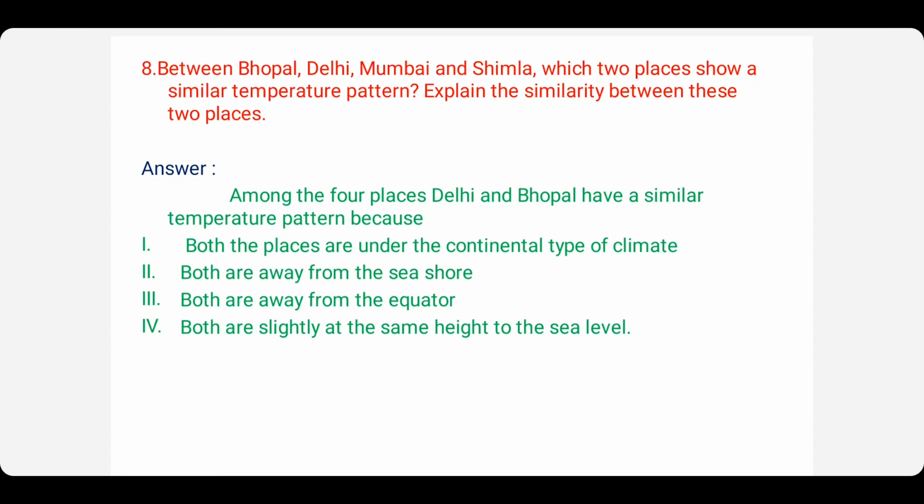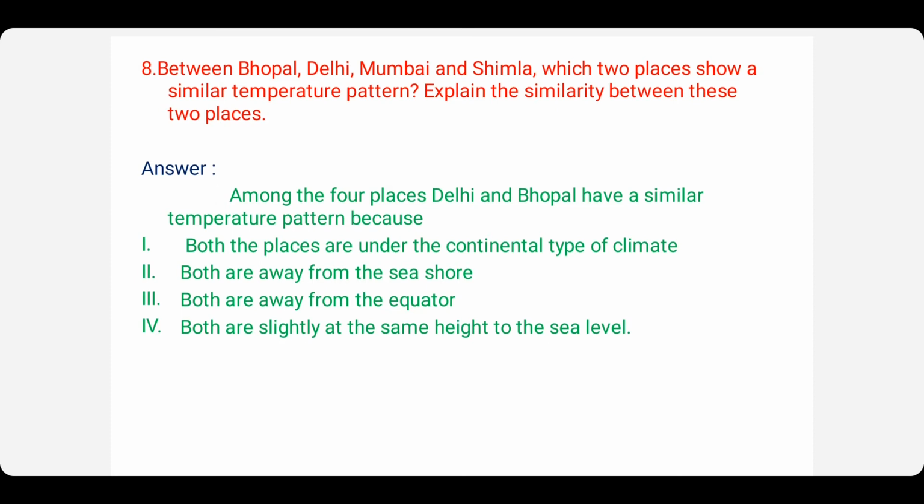On to the next question. Between Bhopal, Delhi, Mumbai and Shimla, which 2 places show a similar temperature pattern? Explain the similarity between these 2 places. Among the 4 places, Delhi and Bhopal have a similar temperature pattern because both the places are under the continental type of climate.